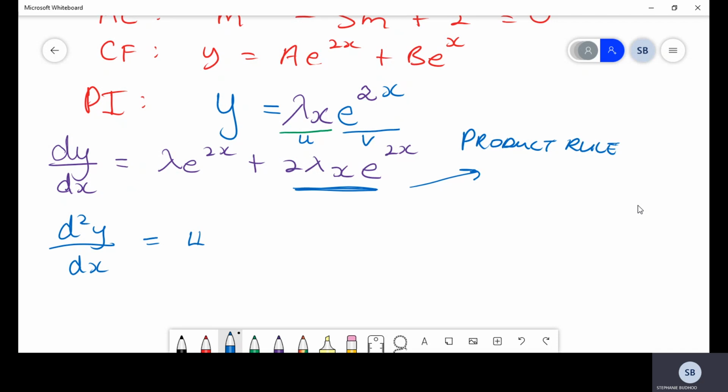After differentiating, you should arrive at a solution of 4 lambda e to the 2x plus 4 lambda x e to the 2x. All right, so after we have finally gotten values for dy/dx and d2y/dx squared, what we need to do is substitute these values into our original equation.